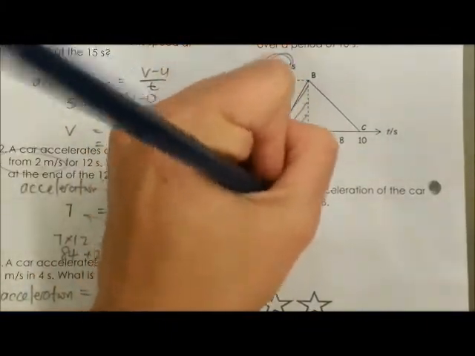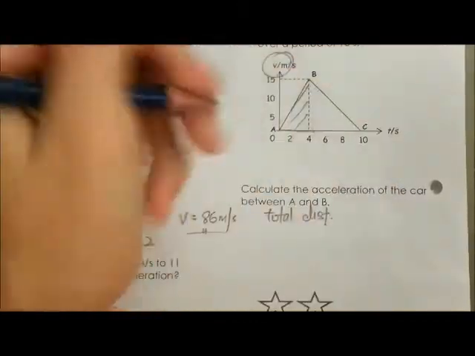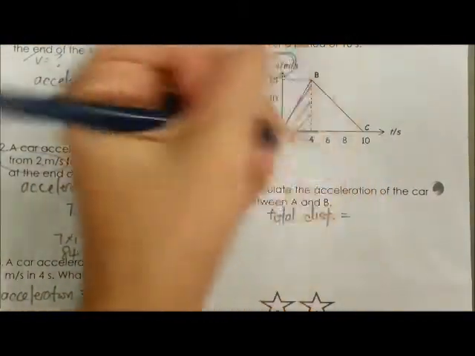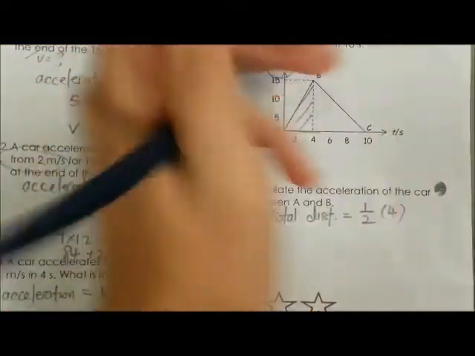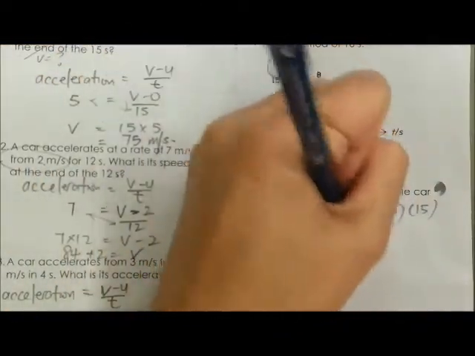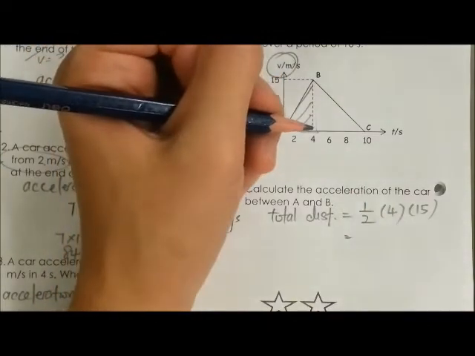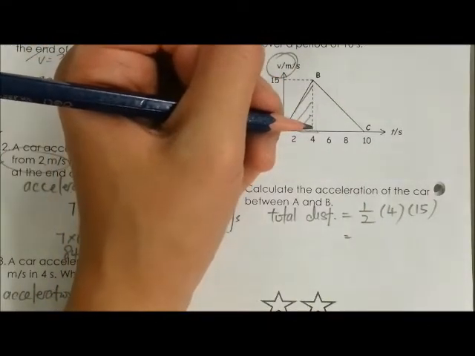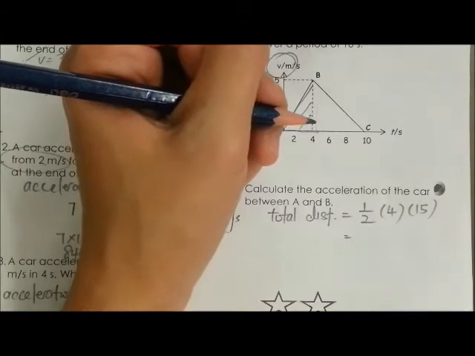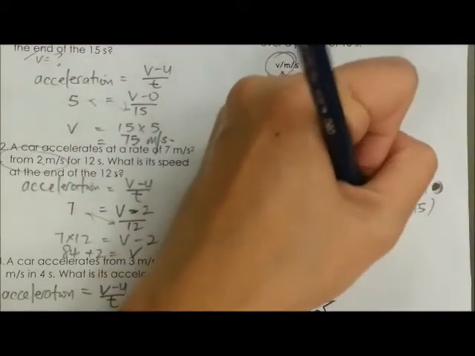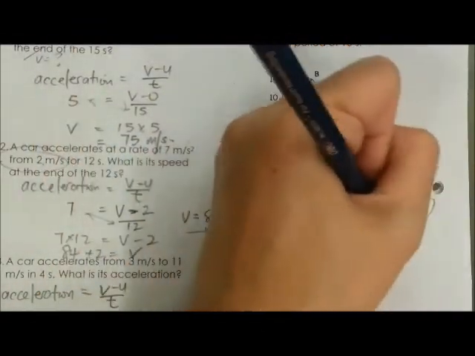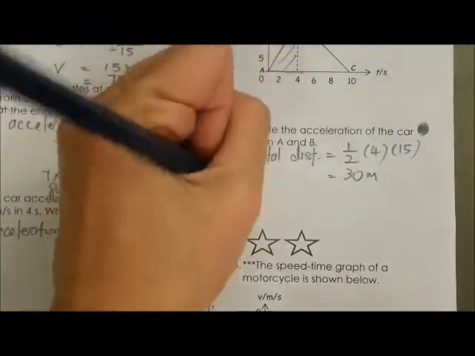The total distance is the area, half times base times the height, which is half times 4 times 15, 30 meters.